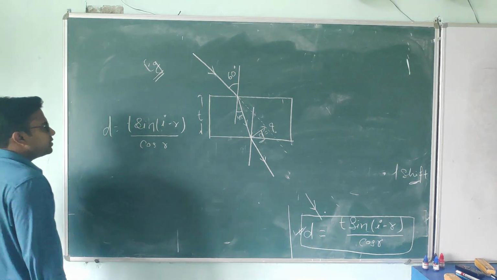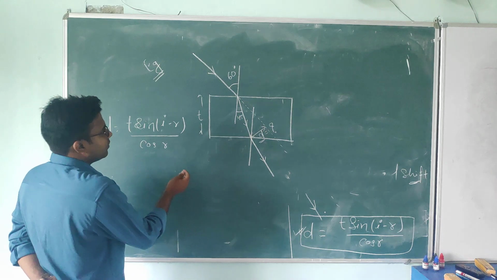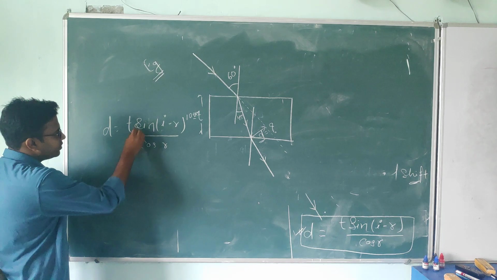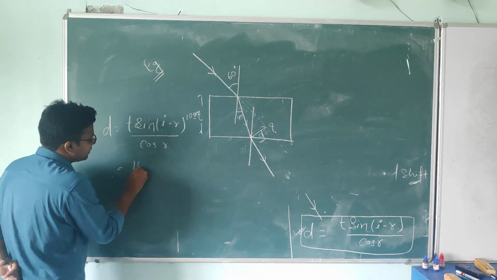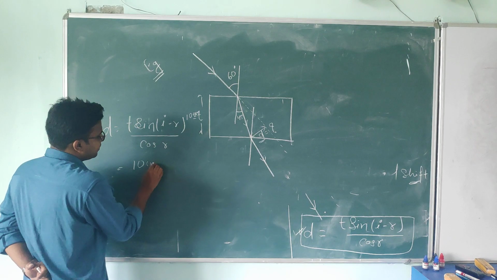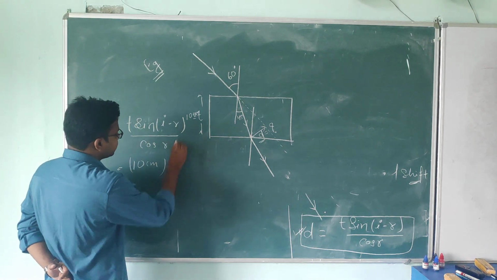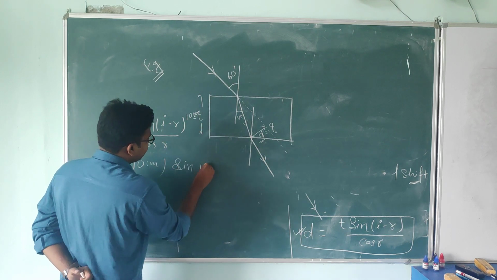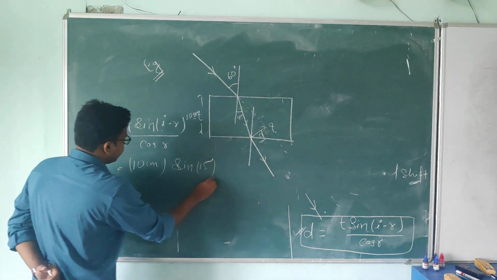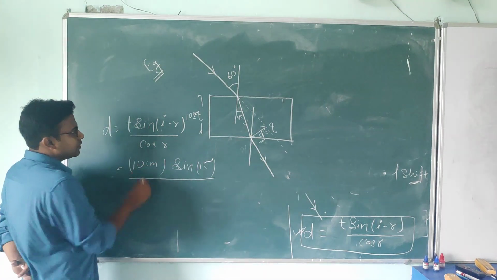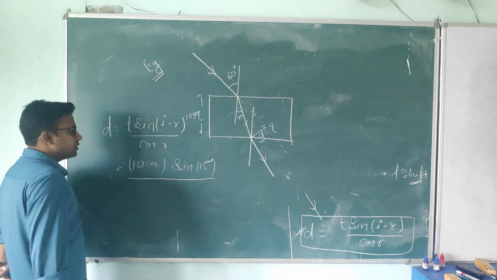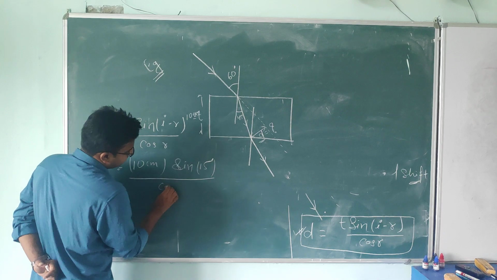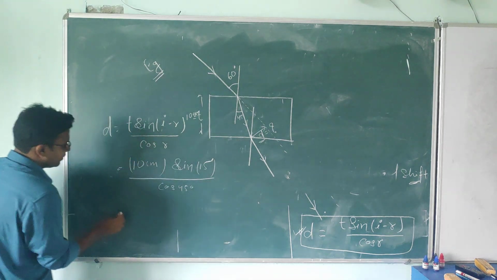Okay student, I am assuming t is equal to 10 centimeters. So you put the value, t is 10 centimeters, into sin(i minus r). i is 60 degrees, r is 45, so here it's 15 degrees, divided by cos r, which is cos 45 degrees.